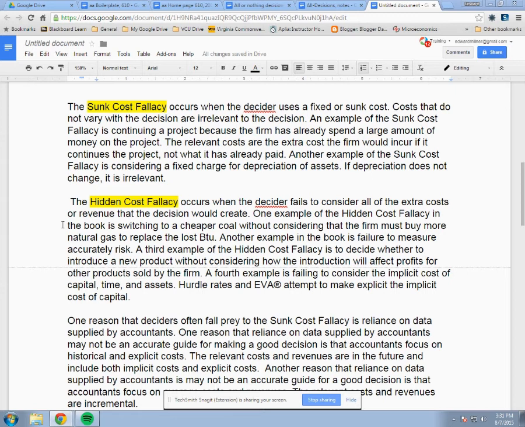A third example is to decide whether to introduce a new product without considering how the introduction will affect profits for other products sold by the firm. A fourth example is failing to consider the implicit cost of capital, time, and assets. Hurdle rates and EVA attempt to make explicit the implicit cost of capital.